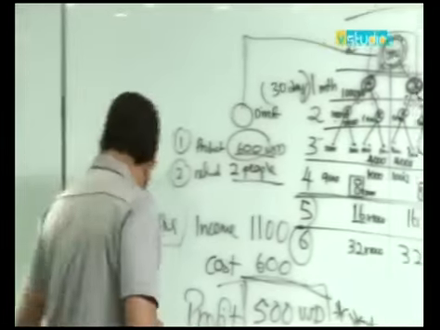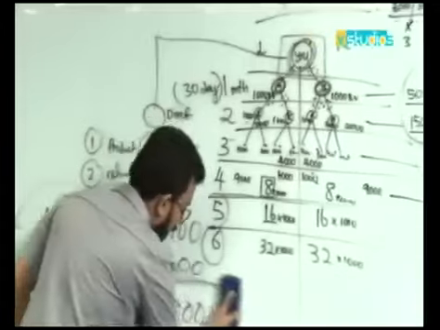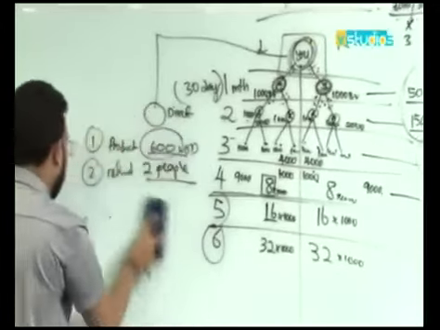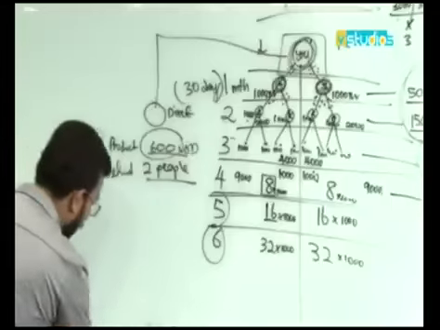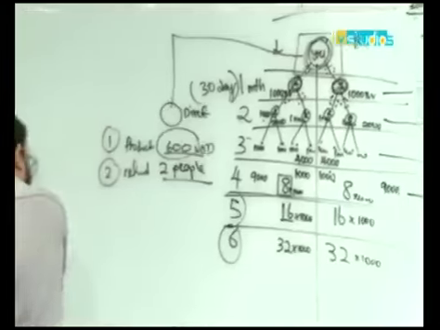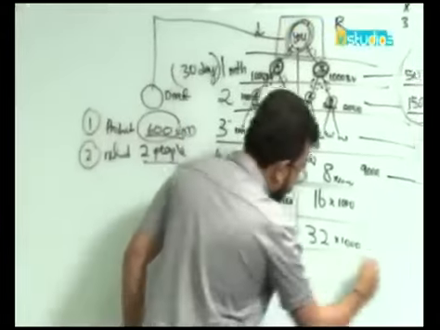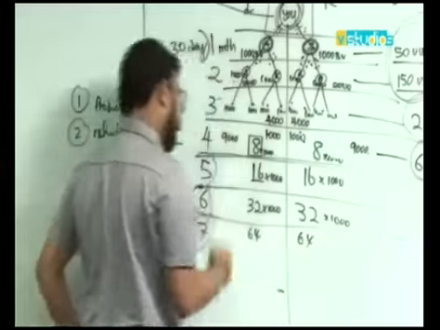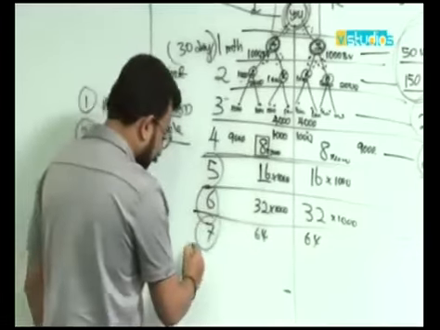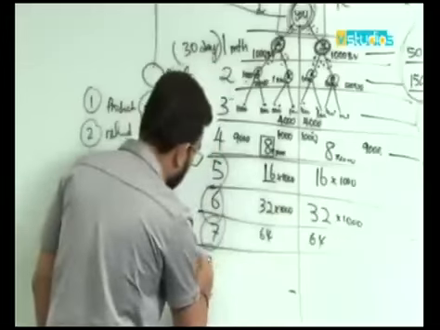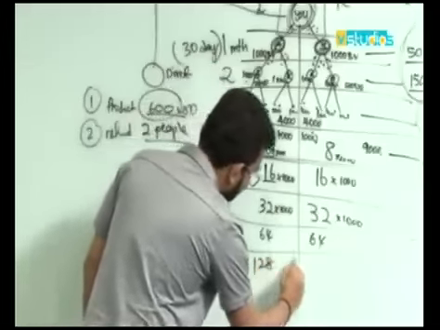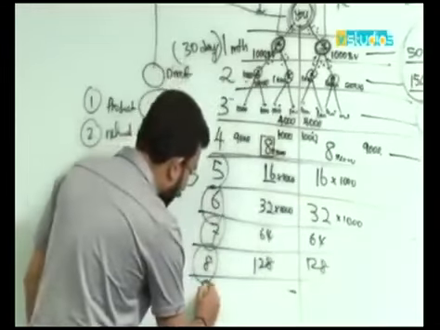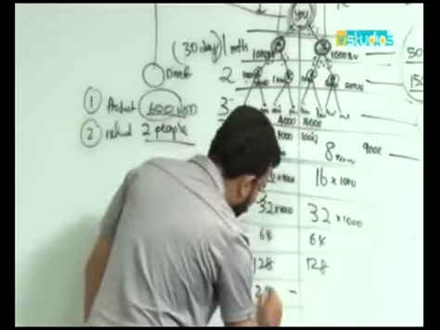On the 7th month, let me just rub this off. You already saw that: 4 months profit of $500. Unbelievable compared to any business out there on the planet. On the 7th month, you got 64. Everything we multiply by 1000 BV. On the 8th month, you've got 128. On the 9th month, you've got 256.